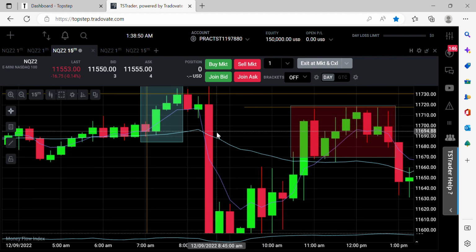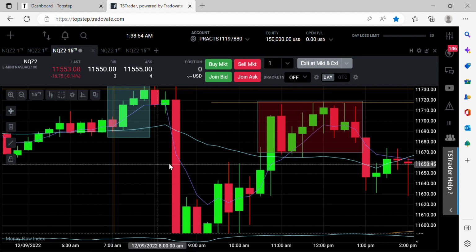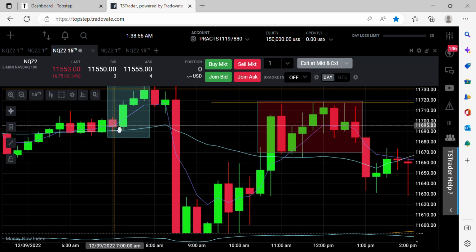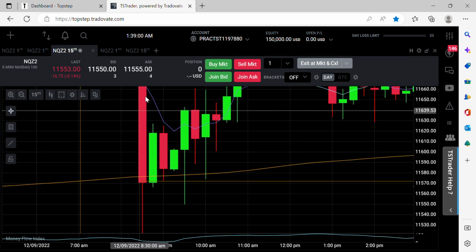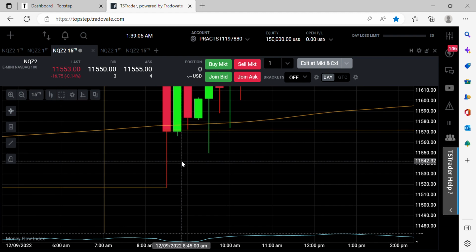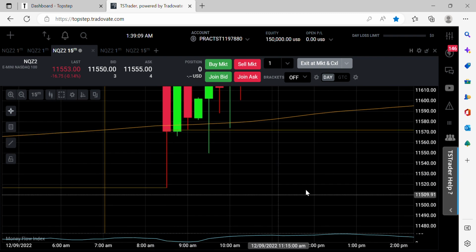So this is the first move. I would expect you to do nothing. If you just woke up and you're playing, this is the move you wait for. When you see this move, and then you have a wick down and a wick up.